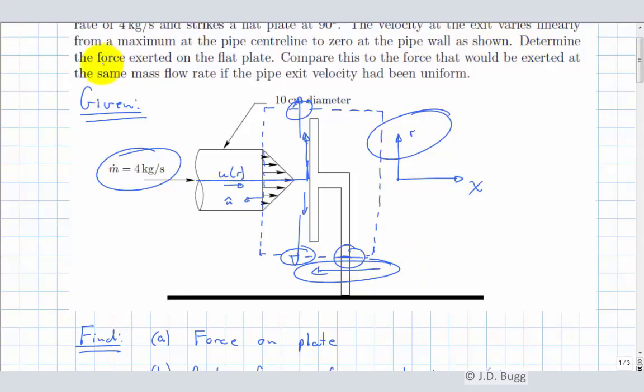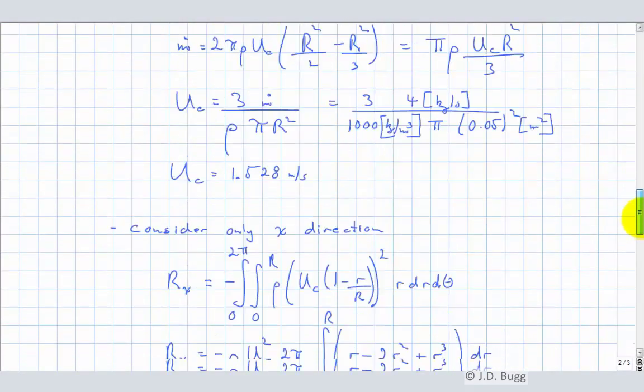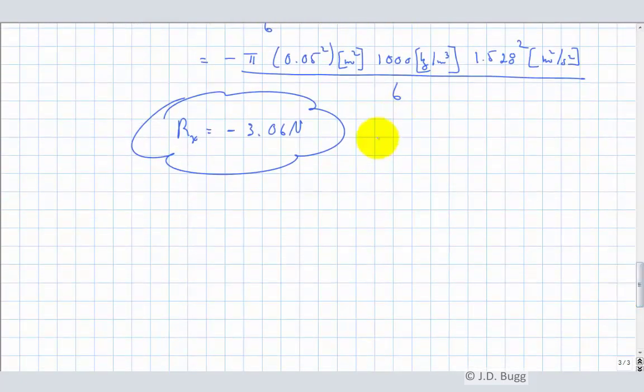But this actually asked for the force exerted on the plate. So that's going to be the opposite of that. So we should say, therefore, force on plate by water is 3.06 newtons. And that's in the i direction.